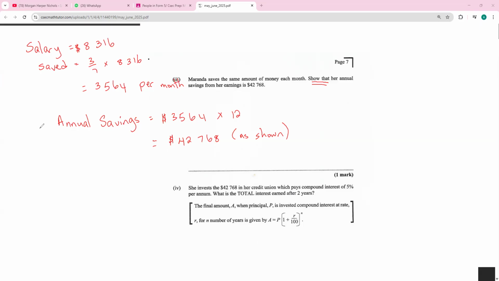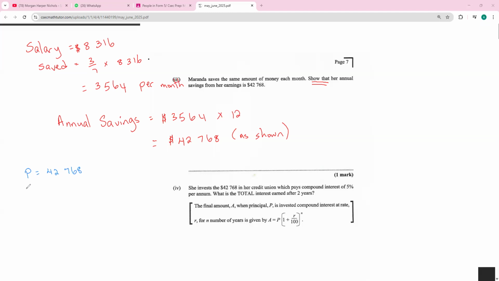So the principal for this one, P, is 42,768. That's how much money she's putting into her credit union. So P would be 42,768.